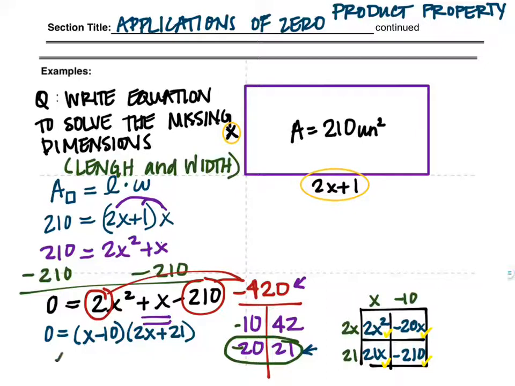So this would give x minus 10 equal to 0 and 2x plus 21 equal to 0. Here I can add 10 to both sides and I get a value of 10 as a positive. That's a really good sign. And then I can subtract 21 on both sides, get 2x is equal to negative 21, and find that it's fractional, which is okay.